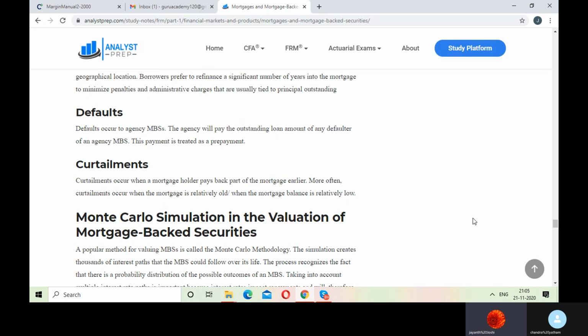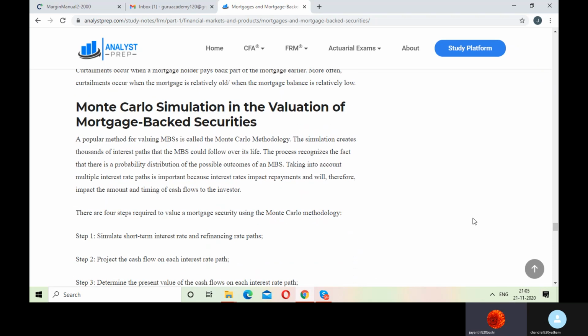The agency, the one who has issued this, will pay the outstanding loan amount at that point of time, and these guys can make a prepayment. Fine, understood.